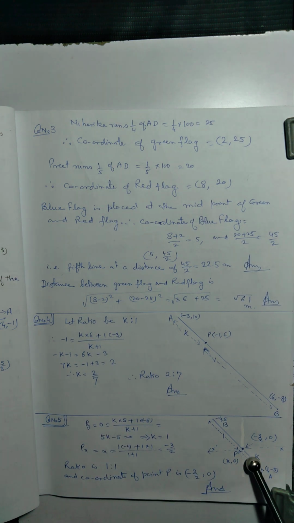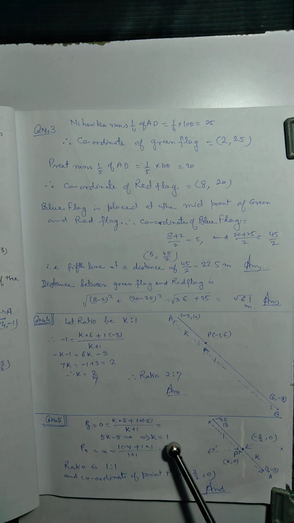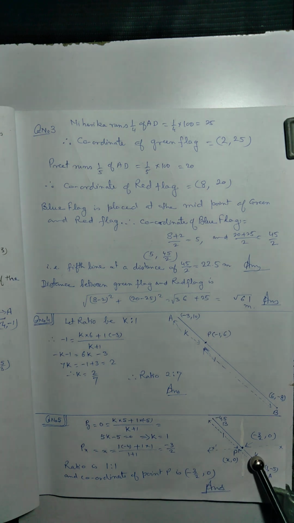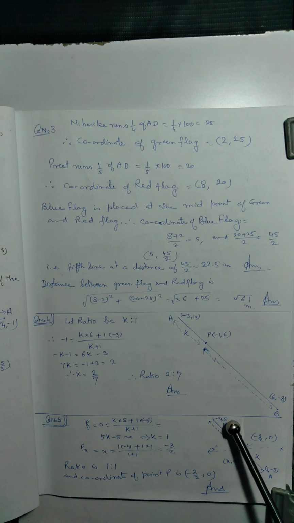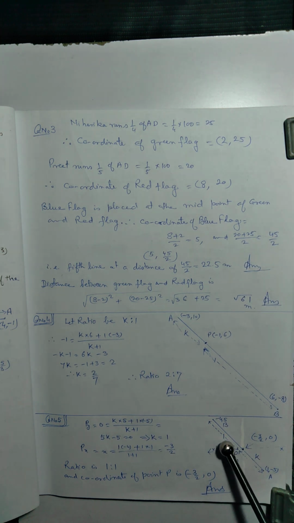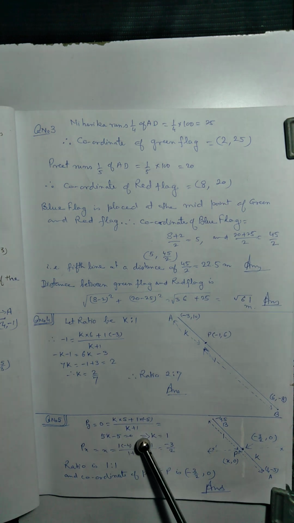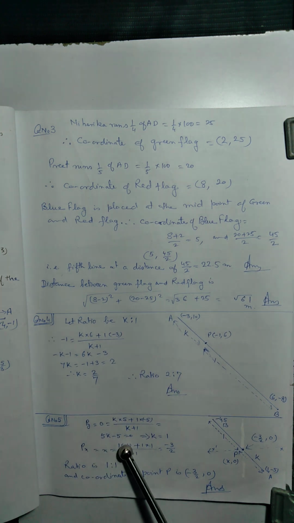So k into 5 plus 1 into minus 5, the ordinate terms, upon k plus 1, will be equal to 0.